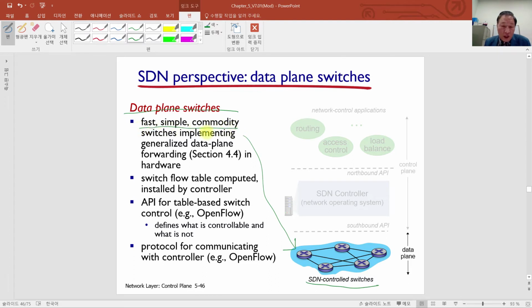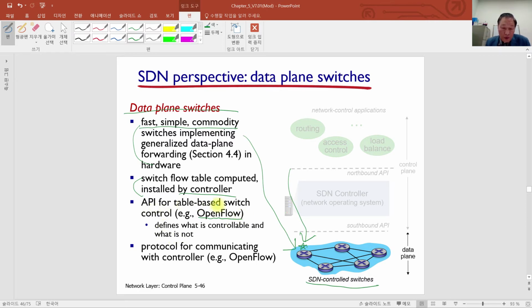These are fast, simple, commodity switches implementing generalized data plane forwarding in hardware for high performance. The switch flow table entries are computed and installed by the controller, as we learned briefly in the previous slide.